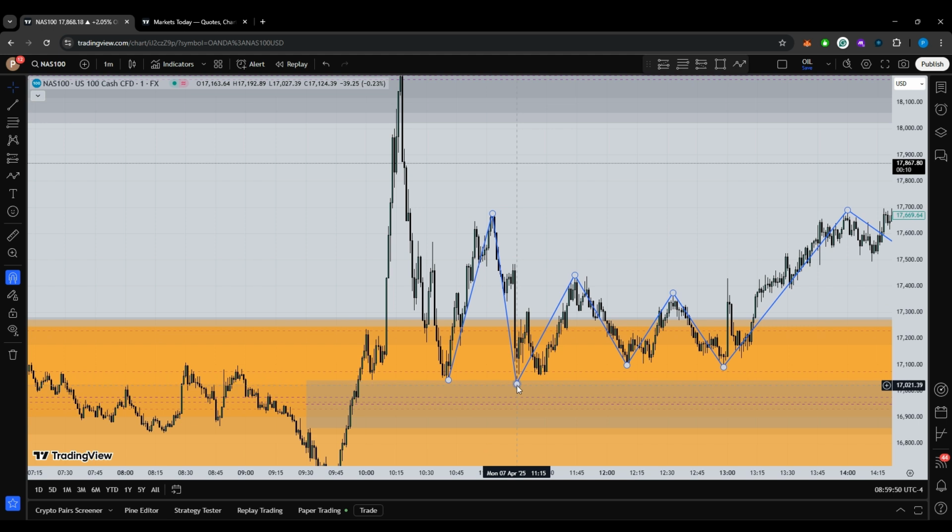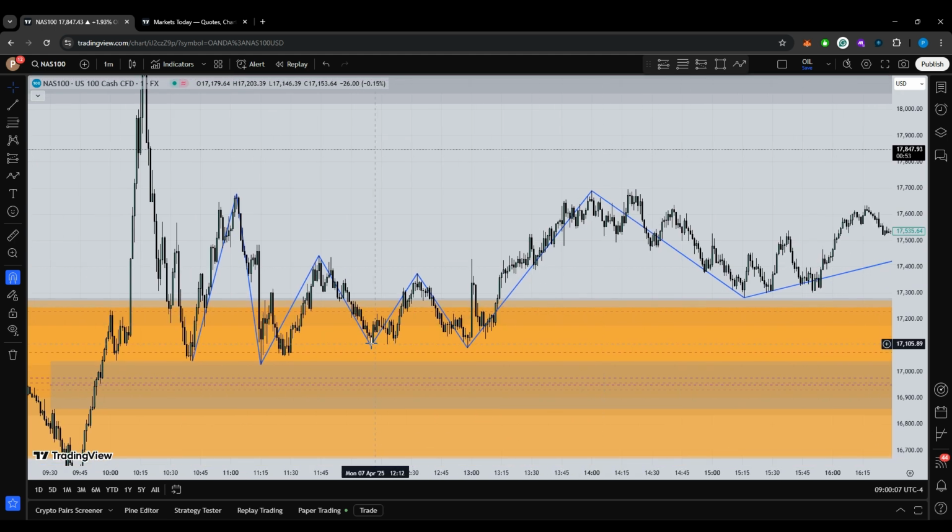Okay, this one broke below. All right, but the bodies didn't break below this, so technically it's not really a break. Comes back and then this starts playing within the range of this leg. Okay, never made a new low, made a new high, right?